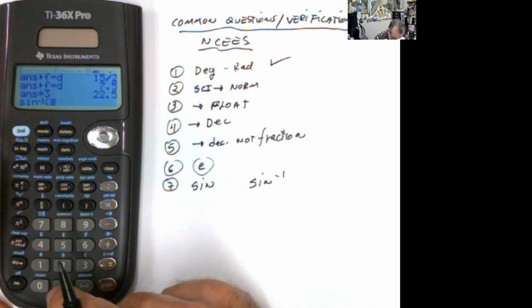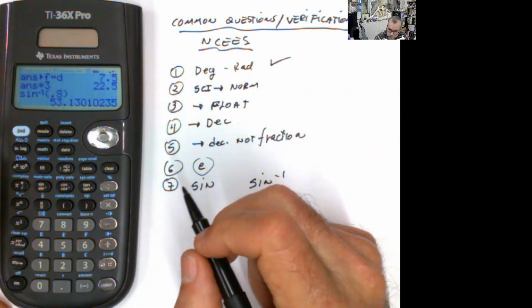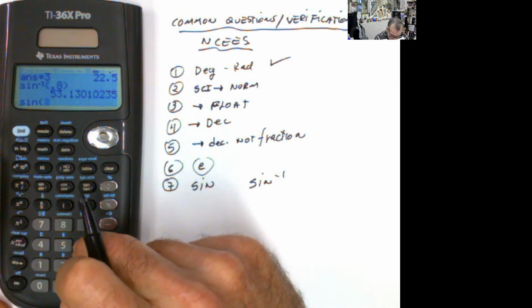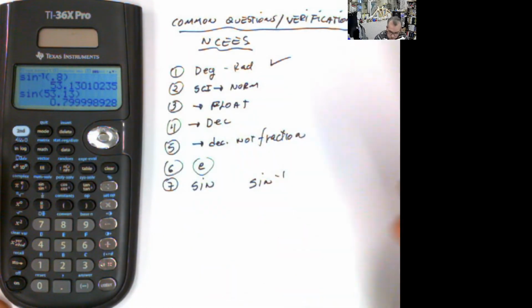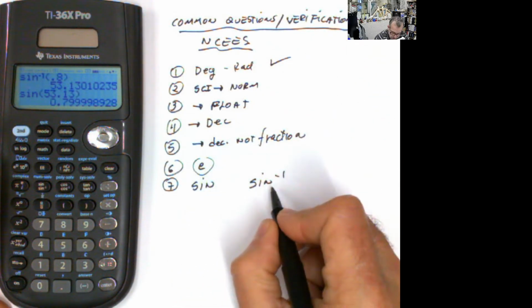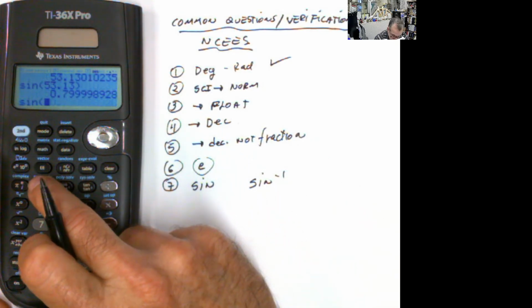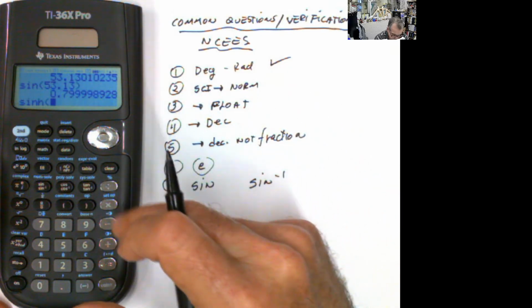Then if I say 0.8, that gives you 53.13, which is the angle. And if I want to get the sine of the angle again, I just say sine 53.13, and you get virtually 0.8. So one hit for sine, two for inverse sine, and if you hit it a third time, you get the hyperbolic sine, which we don't use in this class.